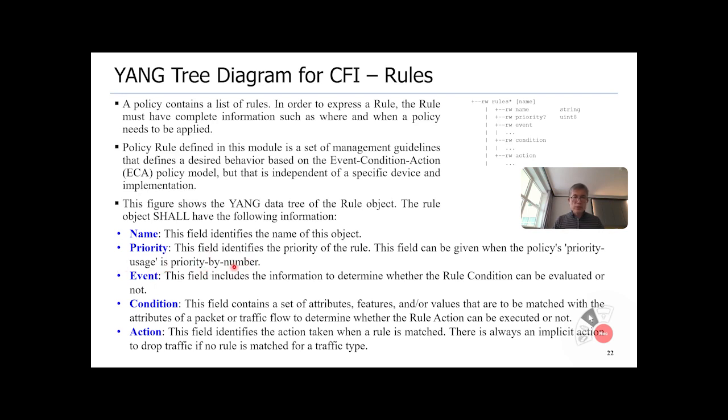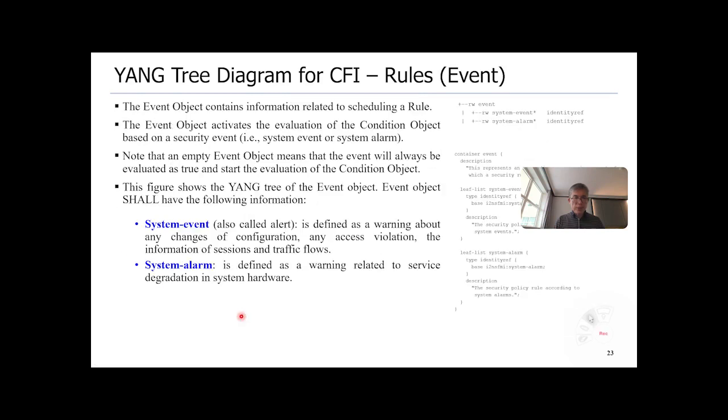Order is just the physical order of the rule. Event specifies the event of the rule. Condition specifies the condition. Once the event is certified, the condition is checked to decide whether to execute the action or not. If there is no action, the implicit action is to drop traffic.